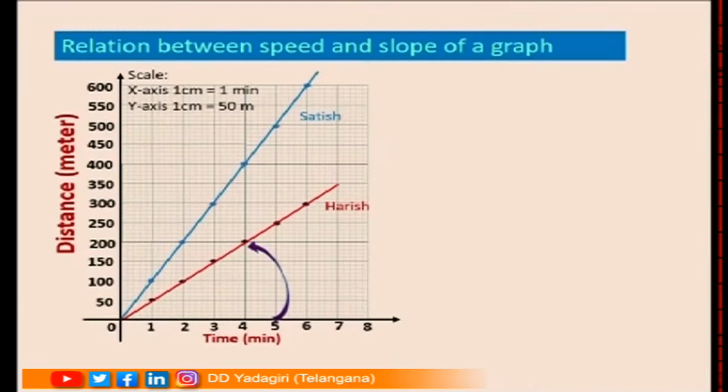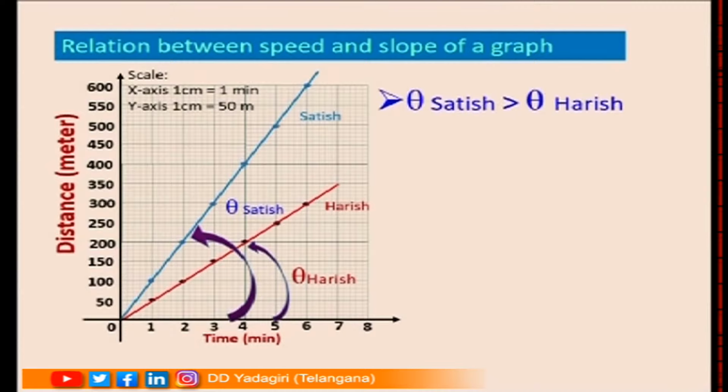How can we compare the motion of the Harish and Satish journey? See here, children, the angle of incline of Harish's motion is like this, and the angle of incline of Satish's graph of motion is greater than Harish's. That is, the angle of incline for Satish is greater than the angle of incline for Harish.